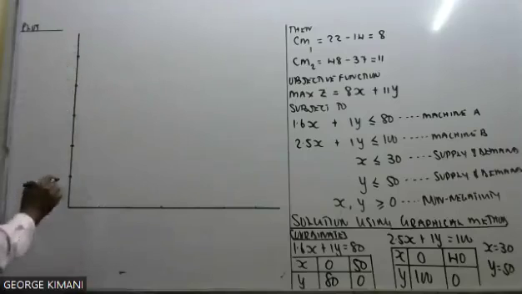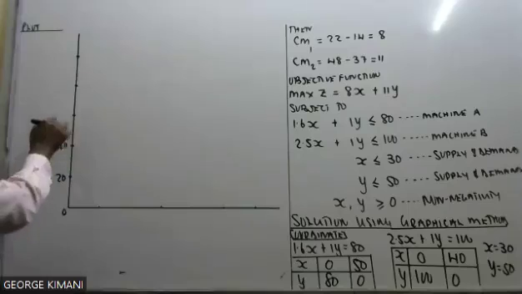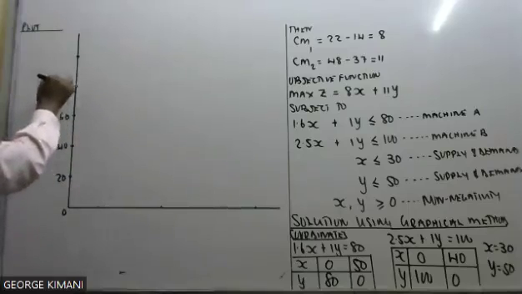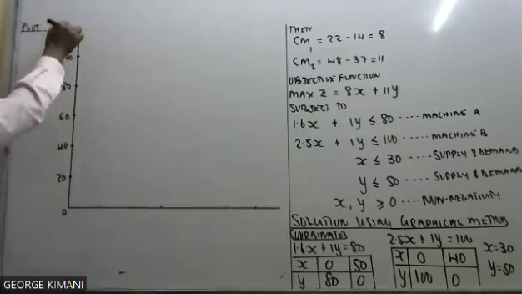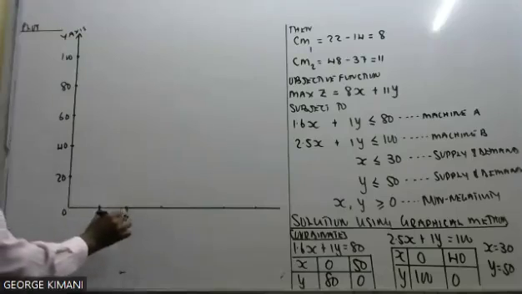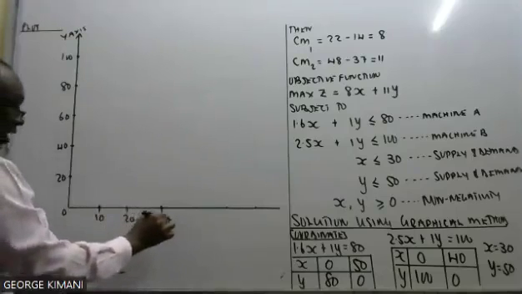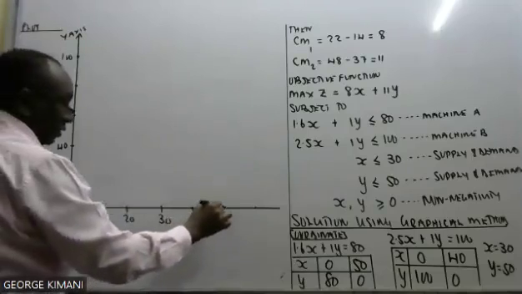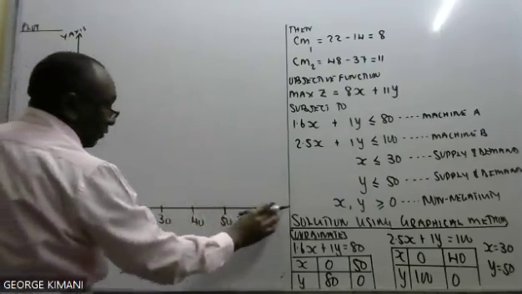So this is 0, 20, 40, 60, 80, 100. This is the y-axis. This is 10, 20, 30, 40, 50.